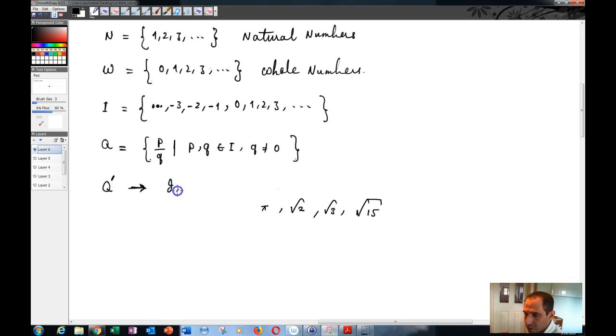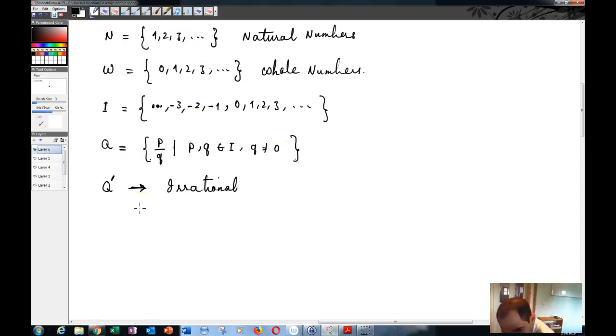So an irrational number is a number which is not a rational number. That means that if a number can be expressed as a ratio of two integers in this way, it's rational. Otherwise, it's an irrational number. It's very simple.